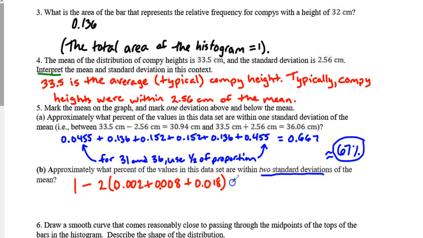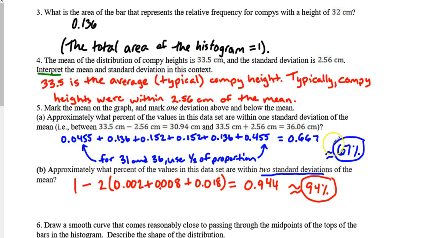Do some math there. I believe it works out to be 0.944 would be the part in the middle. Call that 94%. 94% is a decent estimate here.